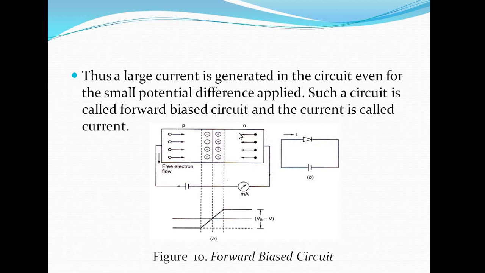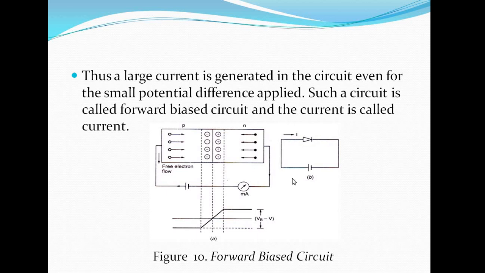Due to this repulsion, even for a small voltage, all the electrons and holes move towards the junction. In the reverse bias, they move away from the junction. That's why the barrier width decreases, VB minus V.